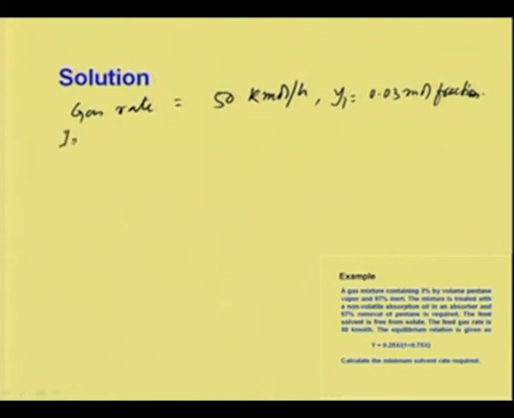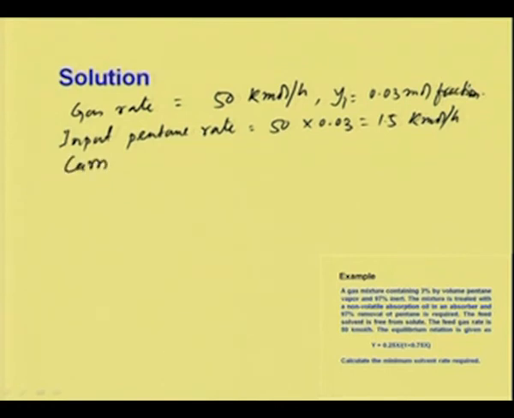The input rate of pentane is 1.5 kmol per hour. The carrier gas inlet is 50 minus 1.5, which is equal to 48.5 kmol per hour.